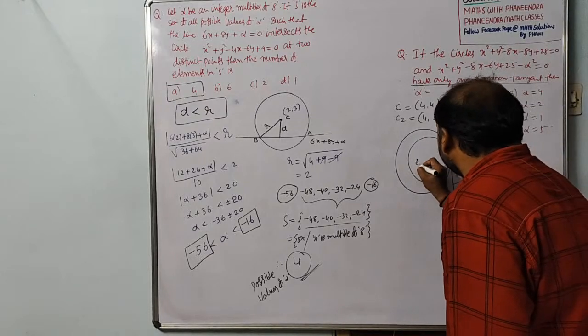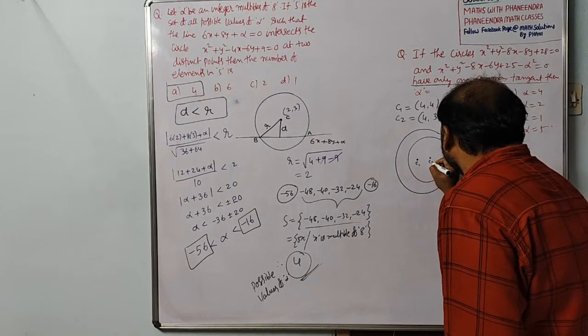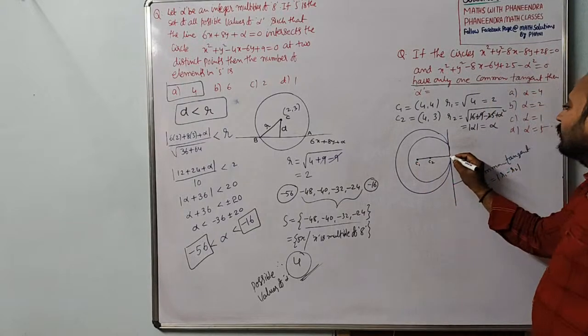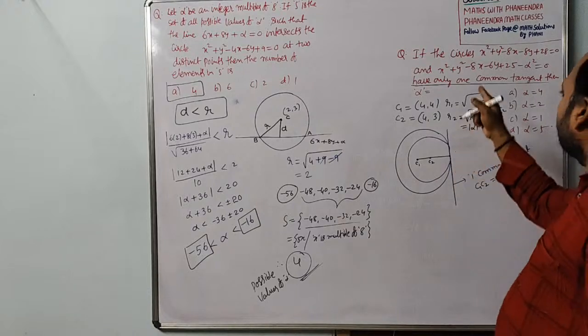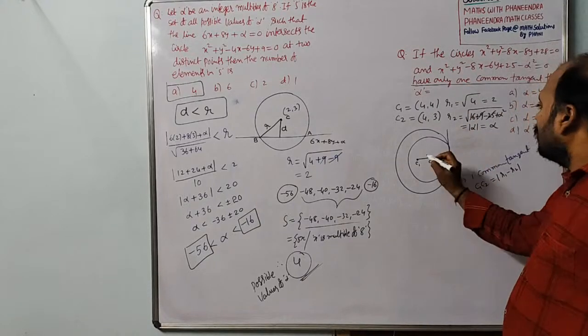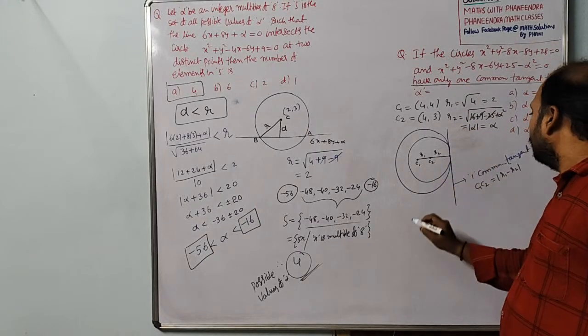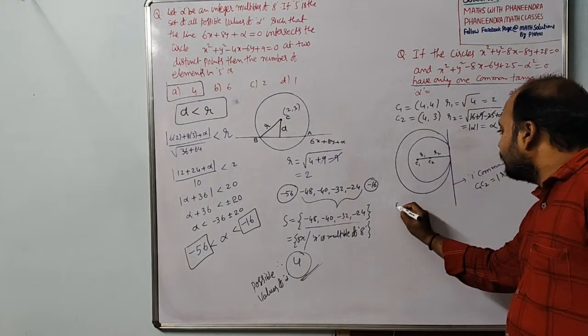So this is C1, this is C2. At what point it is touching, it is not given. Just a common tangent is given. So this is R1, this is R2, and C1C2 is the distance between them.